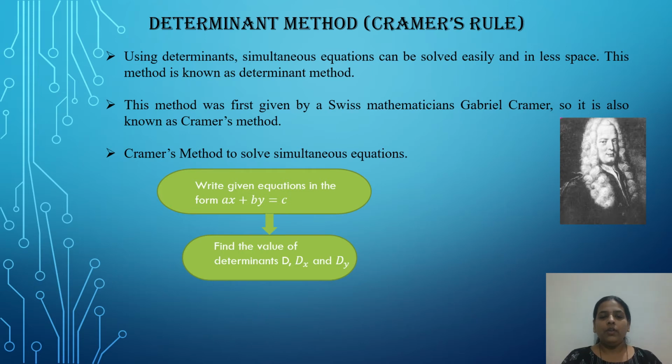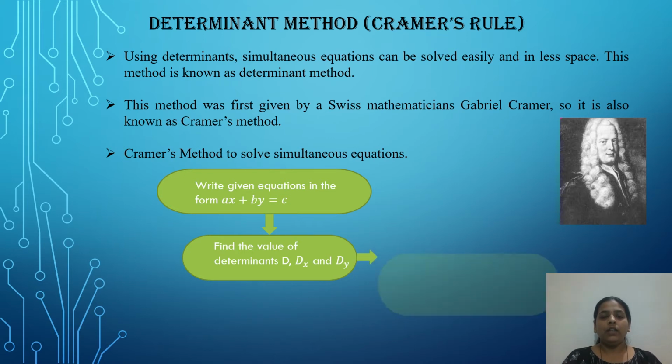To calculate Dx, the column of the coefficients of x is replaced with the constants. And when we calculate Dy, the coefficients of y are replaced with the constants. In this way we calculate D, Dx and Dy.